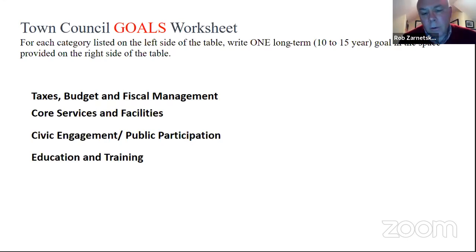How about training? What are your thoughts on training for the town workforce? This is a whole new category that we've not dealt with in our previous goals and objectives. And maybe there's not a lot to be done here in terms of goals.